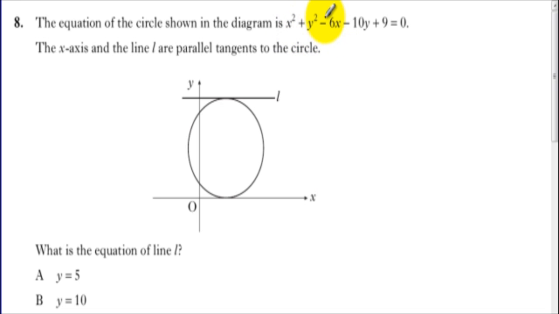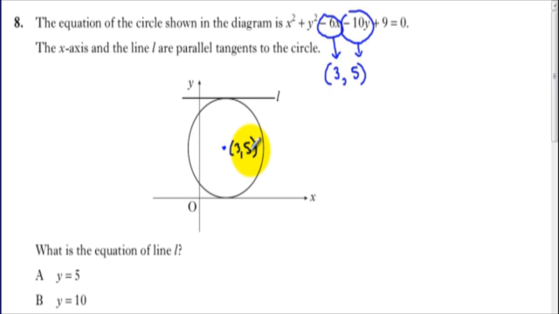From the equation of the circle, we can work out the centre. We take the minus 6, we half it and change the sign, so that's 3. We take the minus 10, half it and change the sign, gives us 5. So the centre of this circle is the point 3, 5.